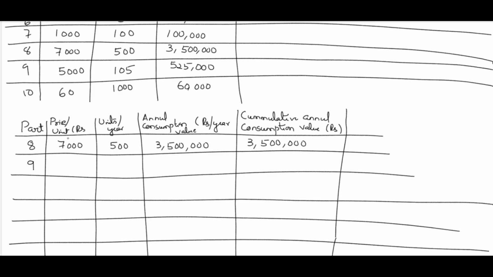Then comes our ninth part, it is 5,000. Likewise, we will input all in descending order as per the annual consumption value and do the cumulative sum.